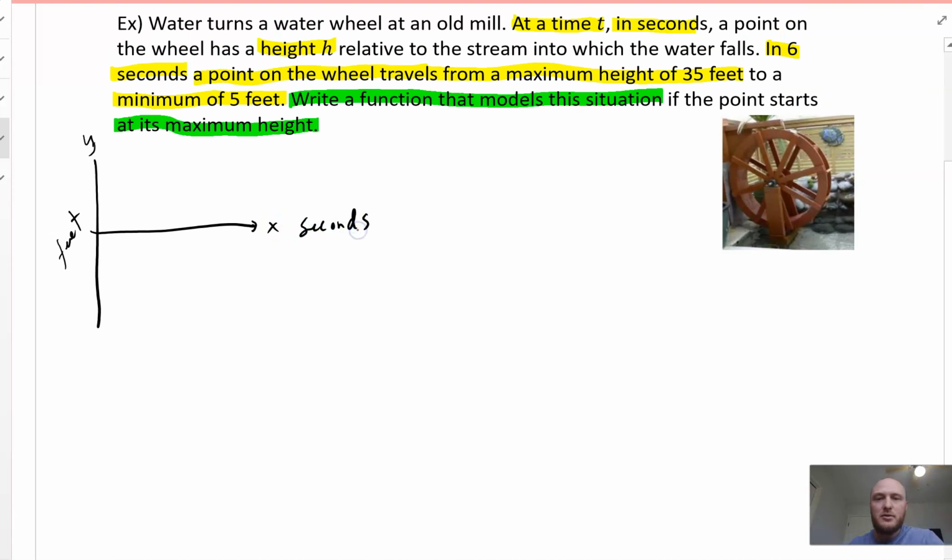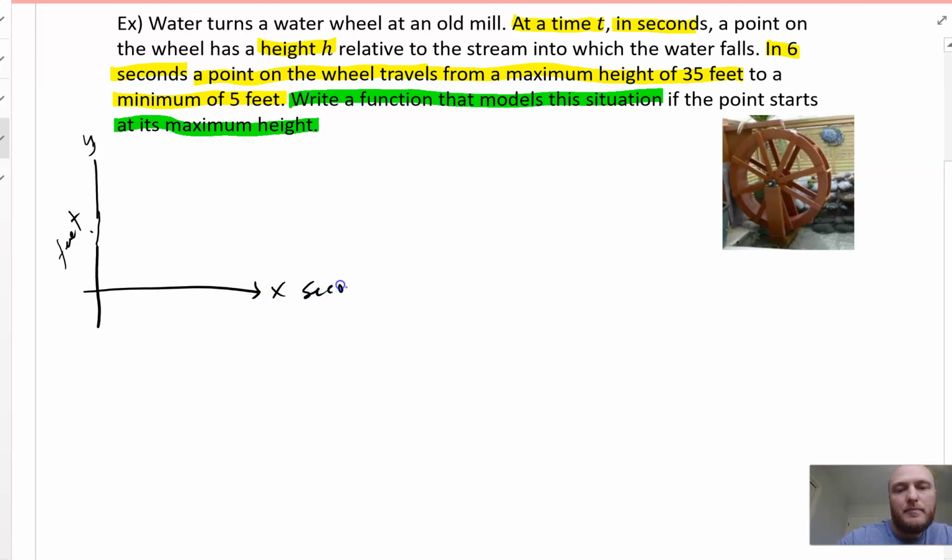Okay, so what they say is that the point is going to start at its maximum height. Actually, my graph is kind of wrong here, I'll put it lower, because they say starting out at a maximum point, and that maximum height is 35 feet.